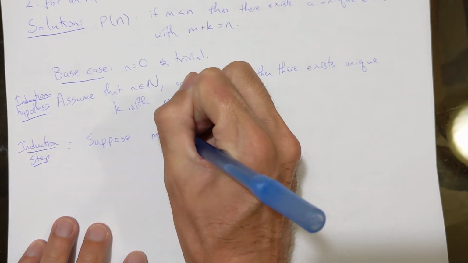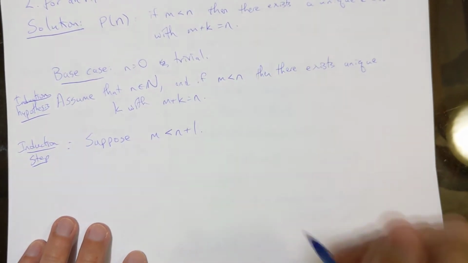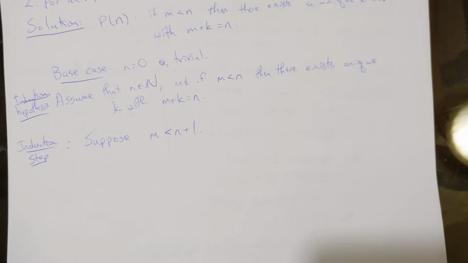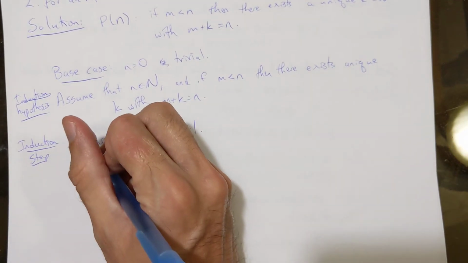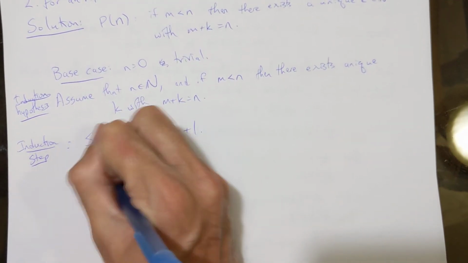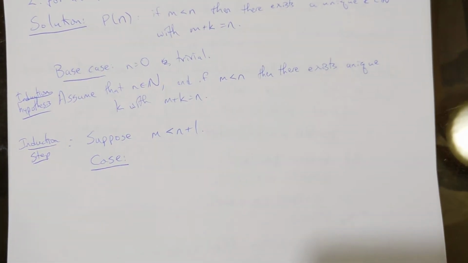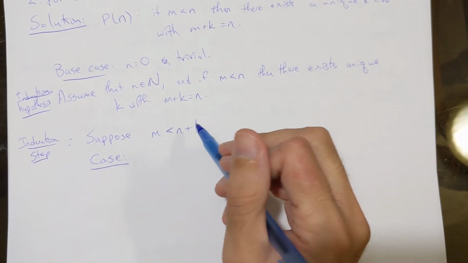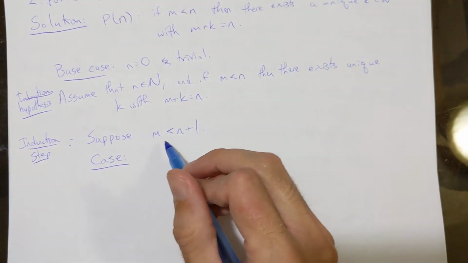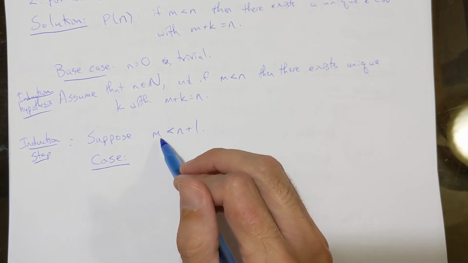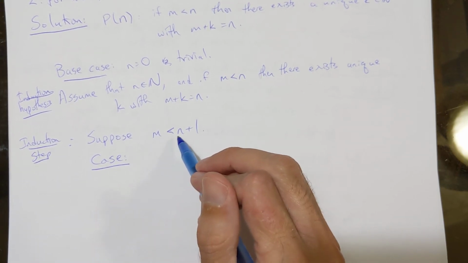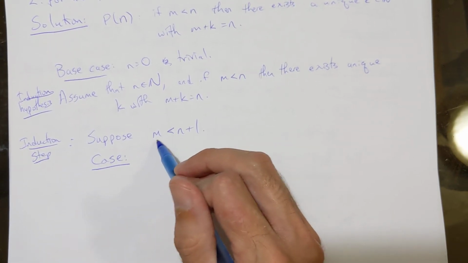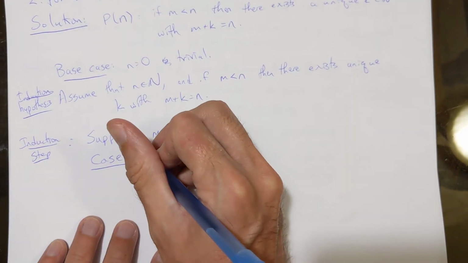Suppose m is less than n plus 1. So there's two cases. You can go back to the definition of less than to see this, but we know that m is either equal to n or m is less than n.